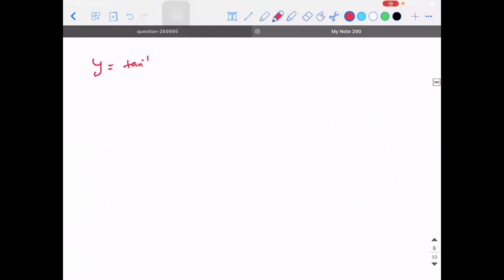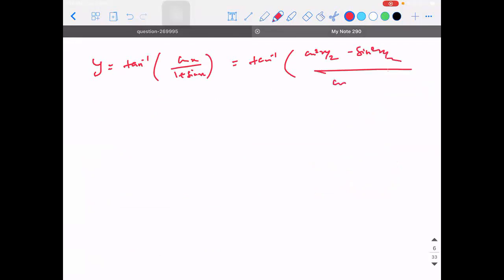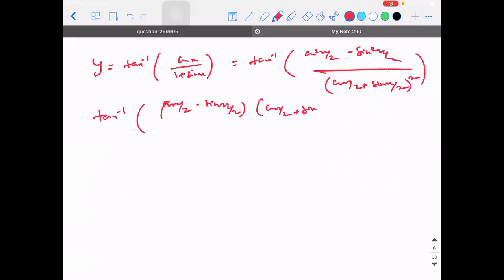y is equal to tan inverse of cos x divided by 1 plus sin x. That will be tan inverse of cos square x by 2 minus sin square x by 2 divided by cos x by 2 plus sin x by 2 the whole square. Tan inverse of cos x by 2 minus sin x by 2 into cos x by 2 plus sin x by 2, divided by cos x by 2 plus sin x by 2 the whole square.